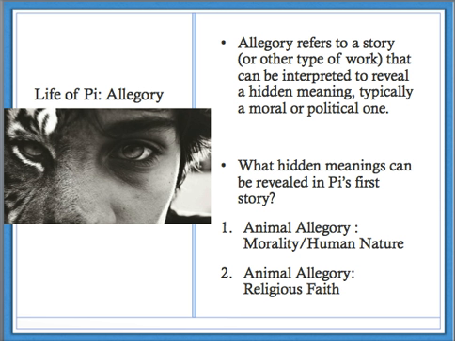So the reality of that would be that Pi was alone this whole time on the life raft, and that he made up the story about the animals as a way to cope with the horrible reality of what happened to him. He had lost all his family aboard the Tsimtsum when it sank.